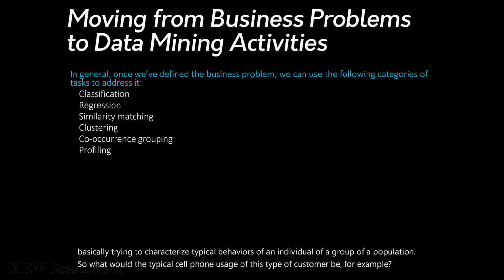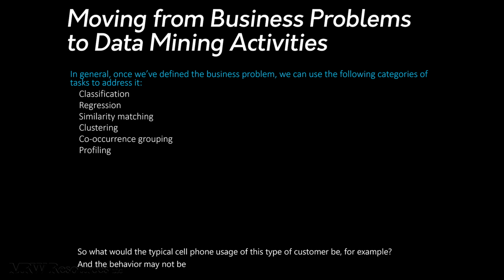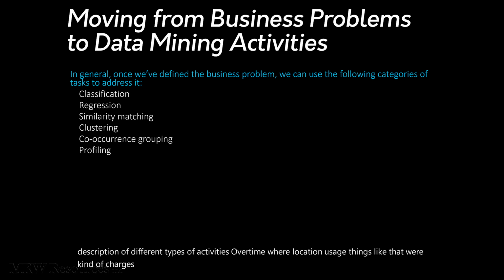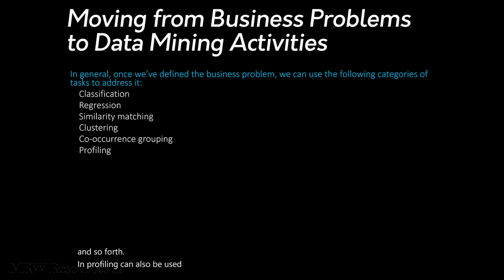The behavior may not be that simple to describe, so it may have a really complex description of different types of activities over time, where, location usage, things like that, what kind of charges an individual is amenable to versus those they don't want, and so on and so forth. Profiling can also be used to help identify anomalies.